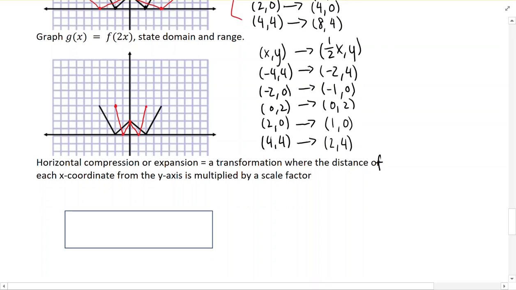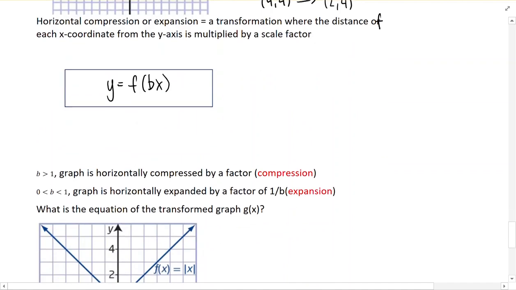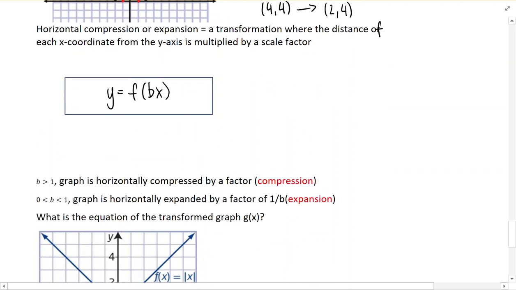So in this particular case, we have y equals f of bx, and it's the input that's affected, and the letter used is b. When b is bigger than 1, then the graph is horizontally compressed. You can think of it as pushed inward like that.